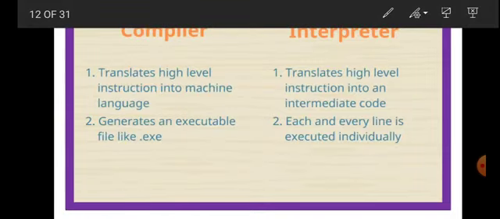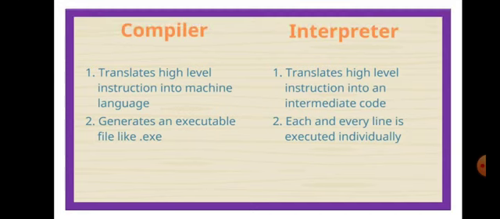Now we'll move on to the next one, which is compiler and interpreter. So compiler, first one, translates high level instructions into machine language. As you all know, the high level language is in the form of simple English. So the code you have written in English is translated into machine language.